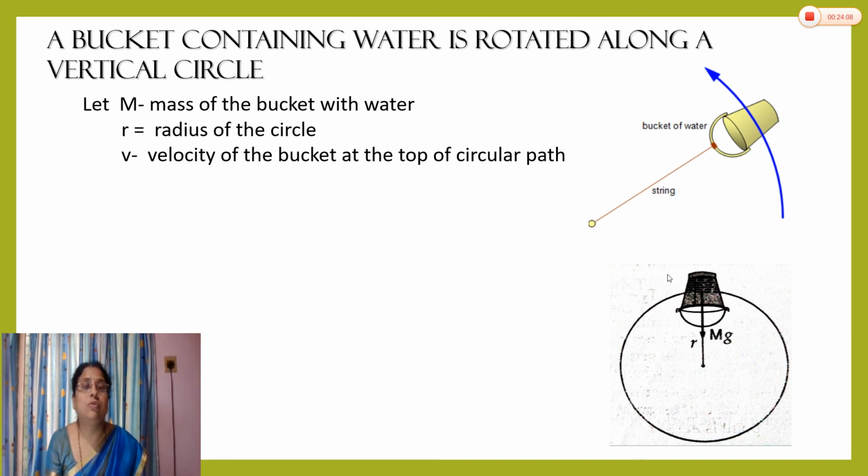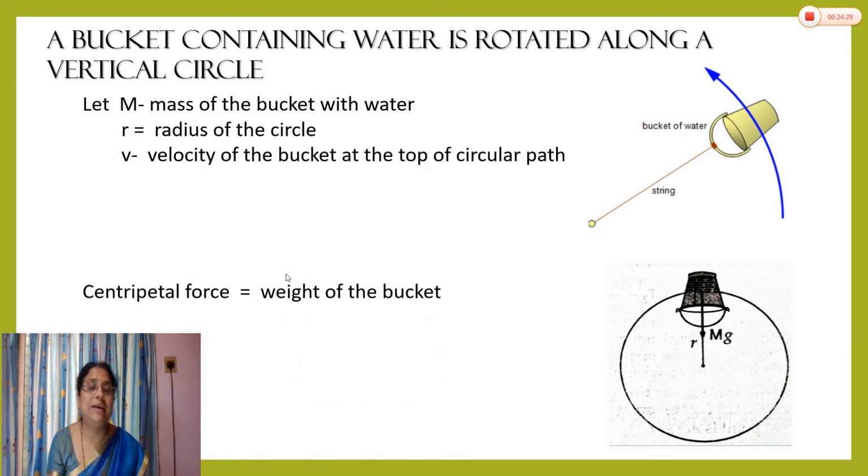Yes. So again we consider here, suppose capital M is the mass of the bucket with water, r is the radius of the circle, v is the velocity of the bucket at the top of the circular path. The velocity is not constant here because it is the case of non-uniform circular motion and it is the case of vertical circular motion. Now again we can write here the equation.